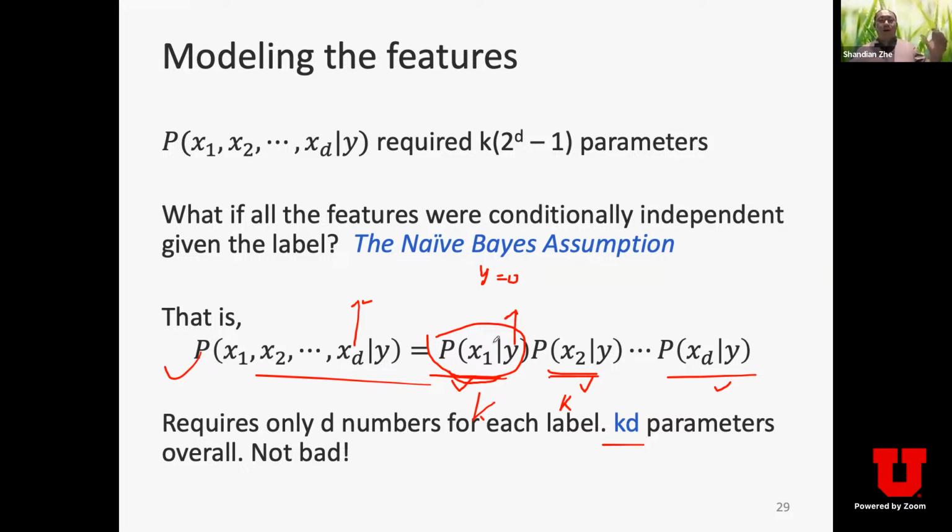I hope everyone captures that by incorporating this conditional independence assumption, we largely reduce the number of parameters. Previously, the number of parameters grew exponentially with the number of features. But now it only grows linearly with the number of features.